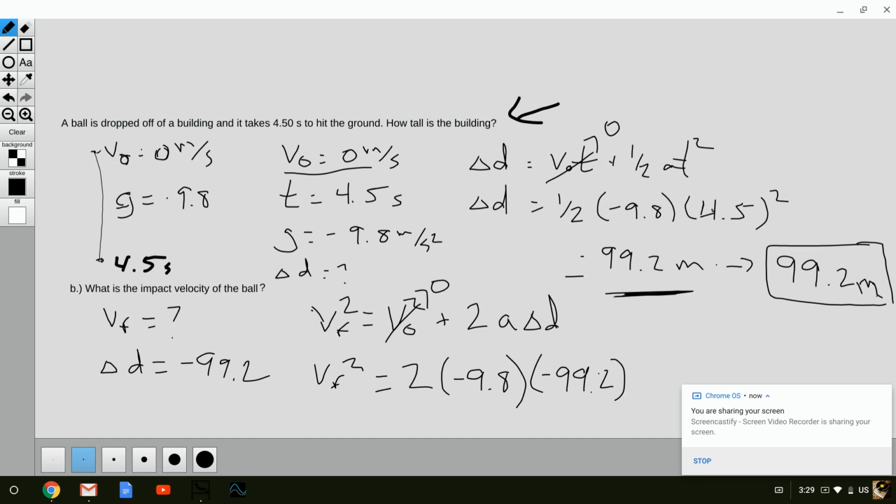When we punch that into the calculator, we get like 1944, but I'm going to square root that all in one step real quick. After we square root it, my calculator spits out 44.1, and then the units would be meters per second.